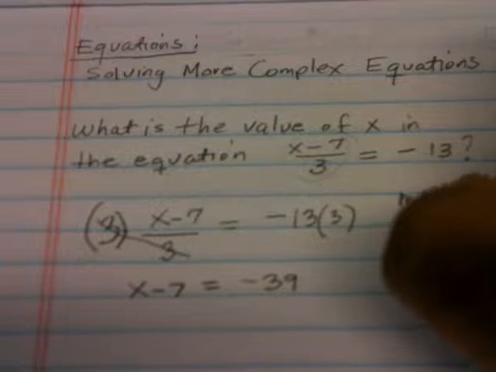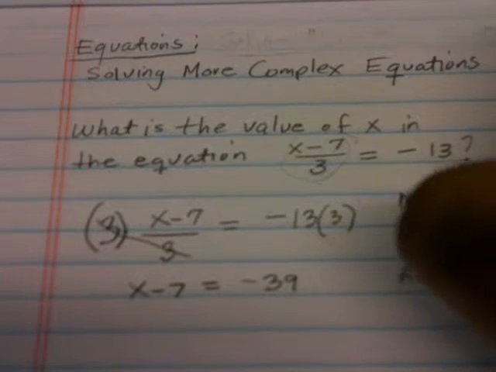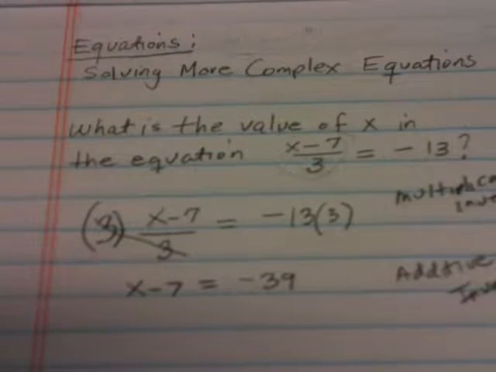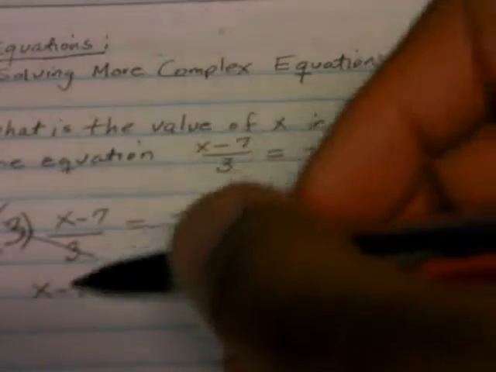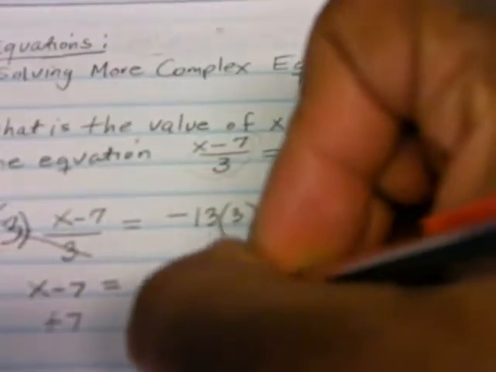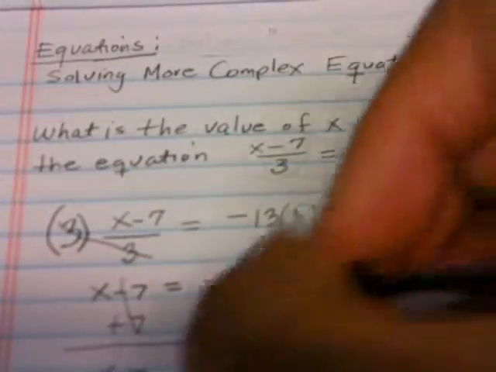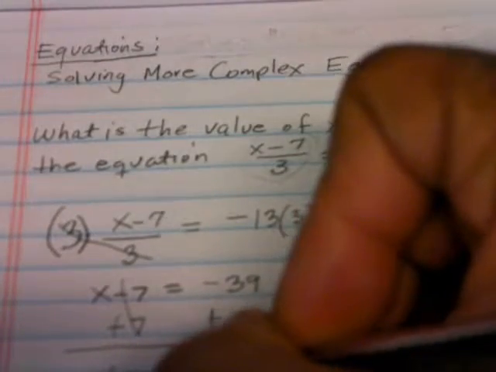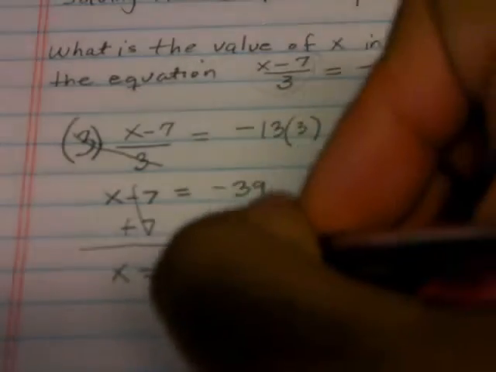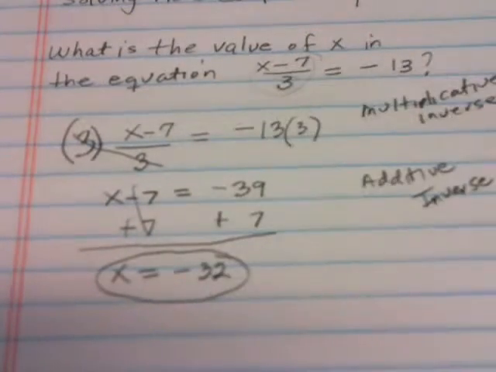We use the additive inverse, which means whatever the opposite is. So I'm going to add 7 to both sides. This cancels out, and you have x equals negative 32, and this is your answer.